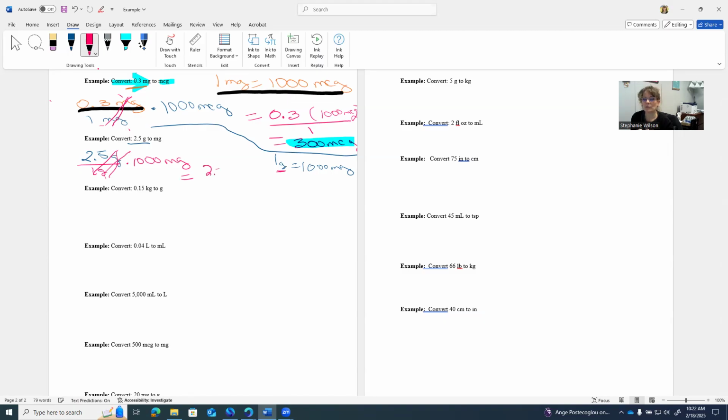Now it leaves me 2.5 times 1,000 milligrams, which when I multiply this out, we're going to move the decimal 1, 2, 3. That gives me 2,500 milligrams. And you could put a comma between the 2 and 5 since it is more than 1,000.